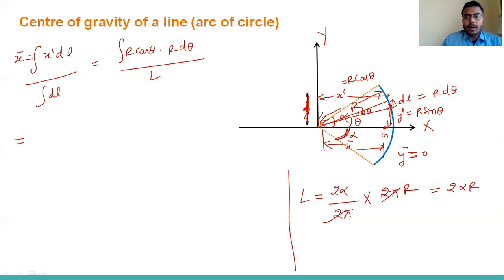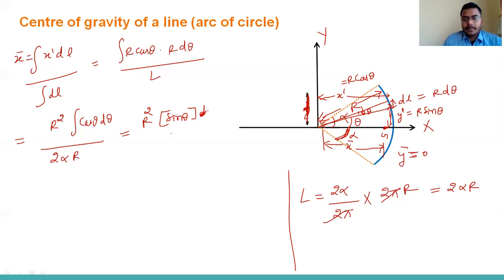R into r will become r square, which we can take outside the integration because it is constant, so it becomes the integral of cos theta d theta, divided by the length, that is 2 alpha r, right? Integration of cos theta, what is that? Sine theta.